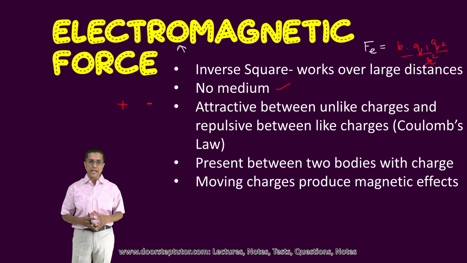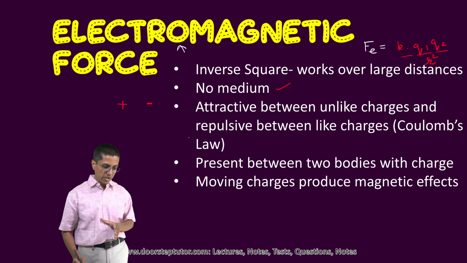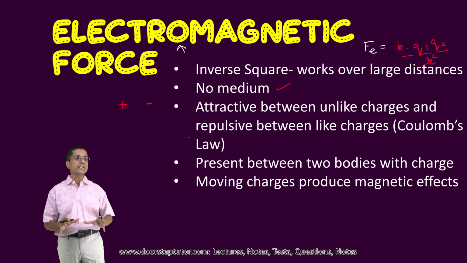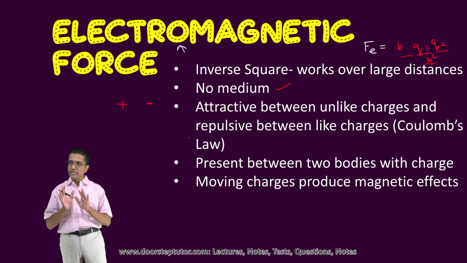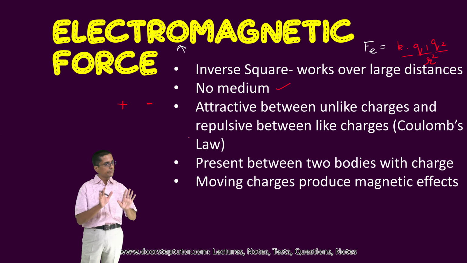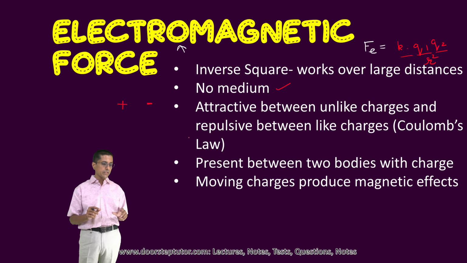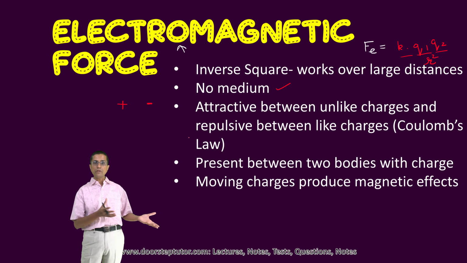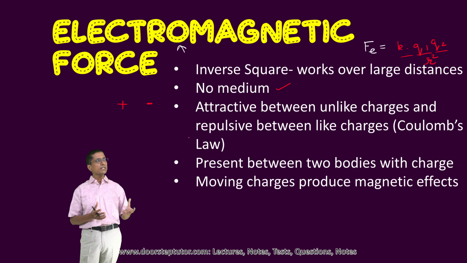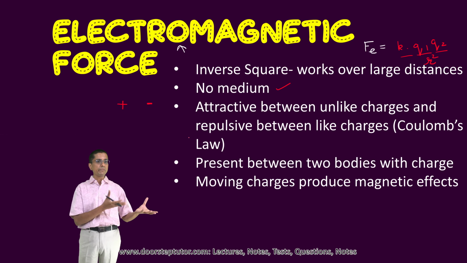So we already saw that these are present between any two bodies which have charge. Now this electromagnetic force is very, very important. See, the gravitational force is present between any two bodies. For example, if I ask you whether the force of friction is a gravitational force or electromagnetic force, you can simply say that it cannot be gravitational force, because the gravitational force cannot be so strong between these two bodies.